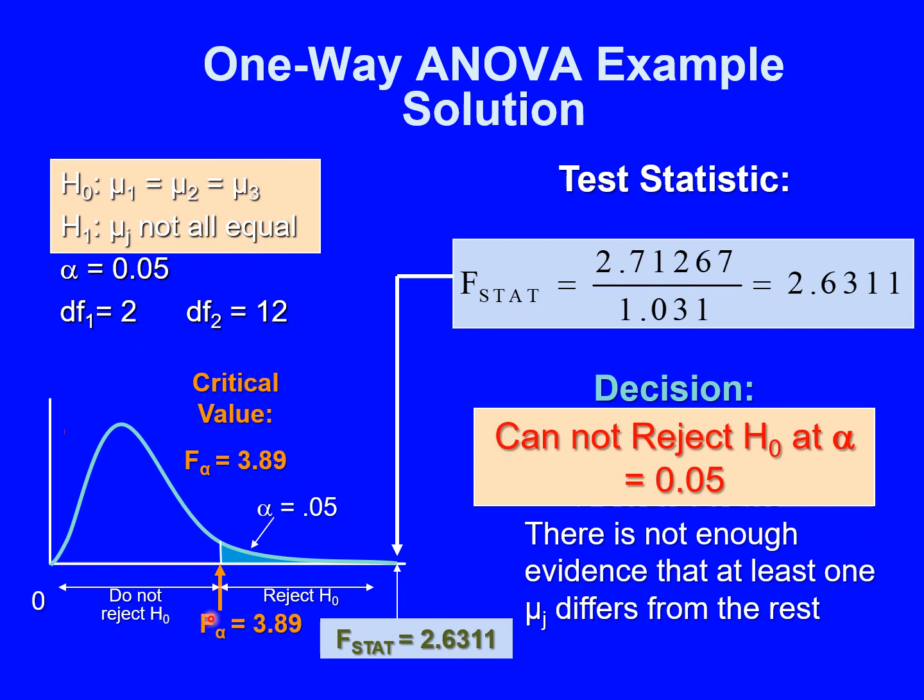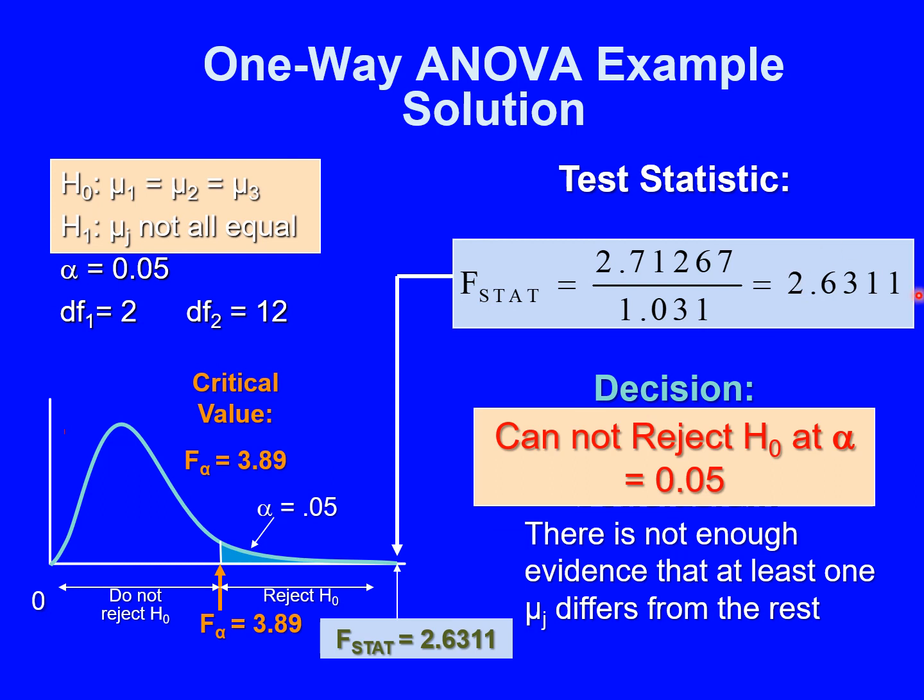We look at the page of the statistic according to these values, alpha and 2 and 12. We find it under the value of 3.89. So that's the critical value of F, or tabulated value.